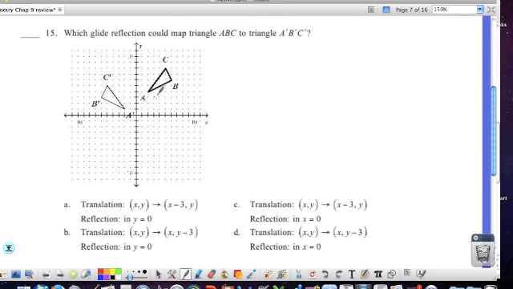So hopefully you can see that this is going to be a reflection over the y-axis. But first I need to get this scooted down. So I can use any of these points. I'm going to use this point. To get from here to here, I have to first move it down 3. That's y minus 3. So at this point, it could be B or it could be D.